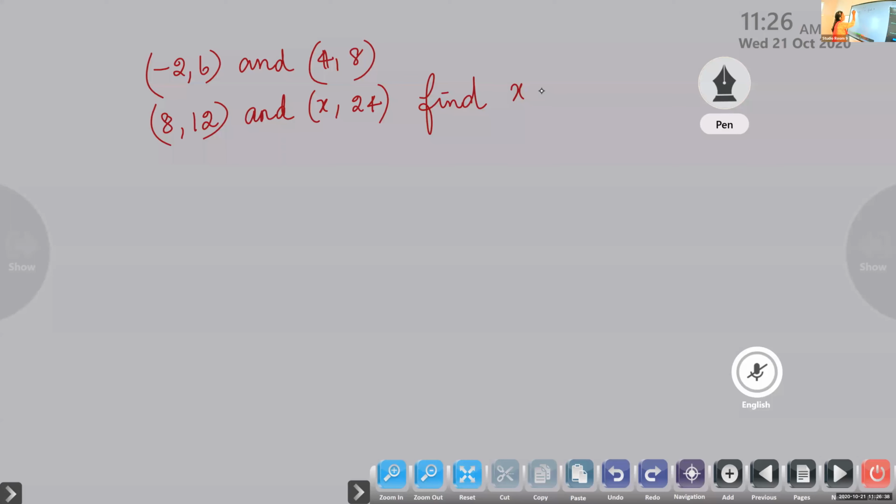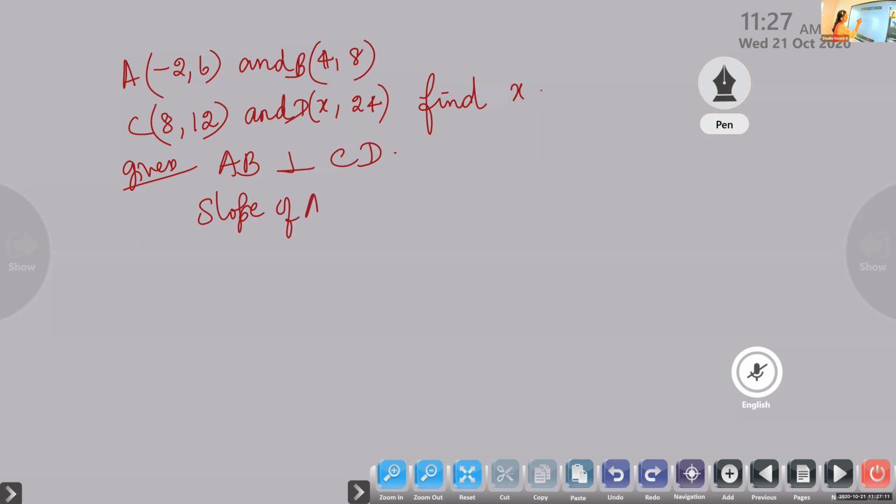So first let us name the vertices as A, B, C, D. What is given here? AB, the line joining these 2 points, is perpendicular to CD. If 2 lines are perpendicular, what can we say?